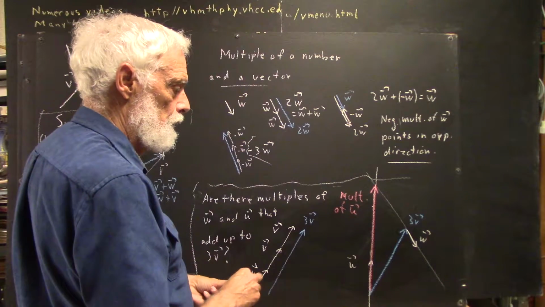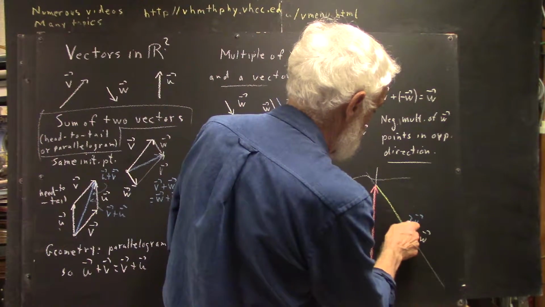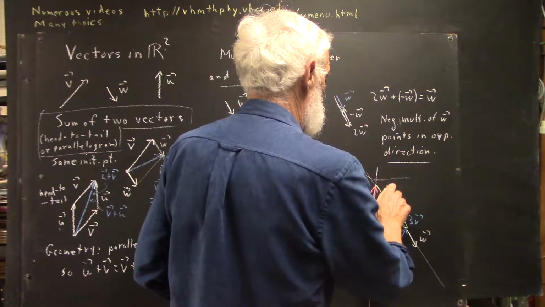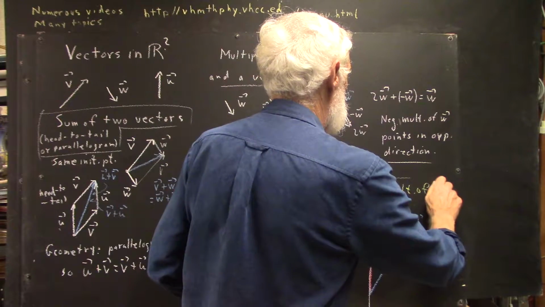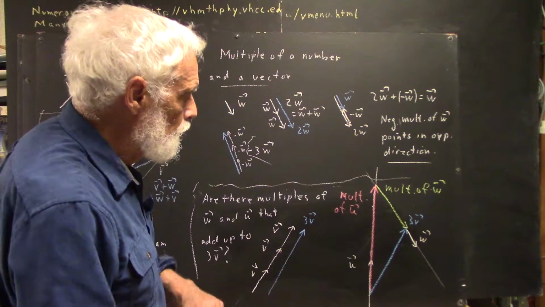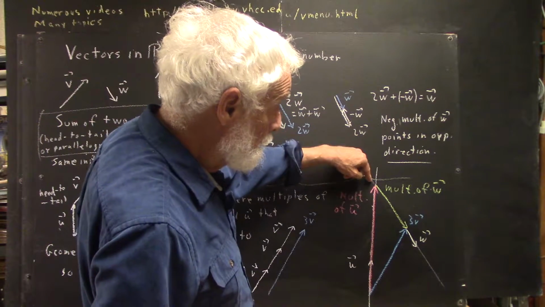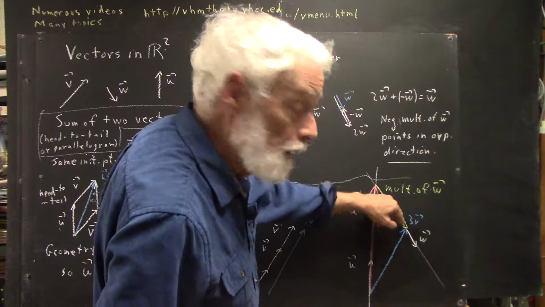And this vector from here to here, if I've drawn the lines correctly, is a multiple of w. So whatever multiple this is of u added to whatever multiple this is of w is going to give me 3v.